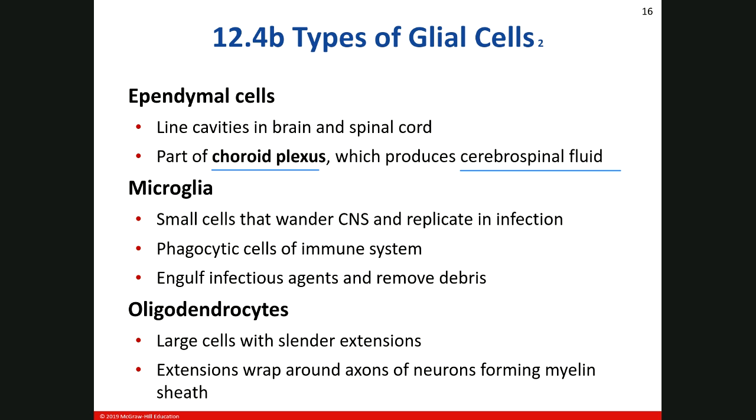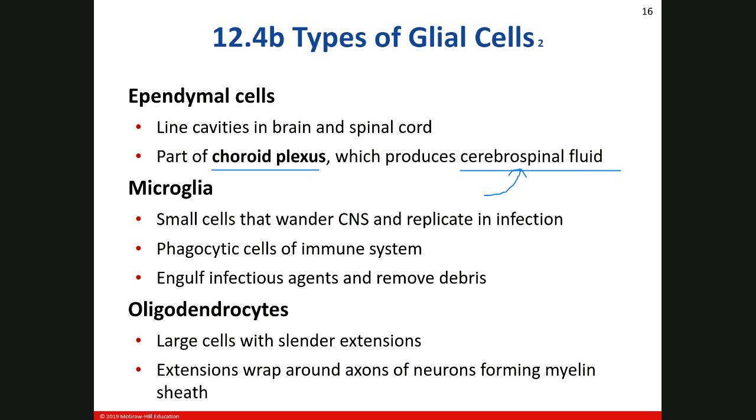So the ependymal cells pretty much act as a filtering mechanism, so we get our cerebral spinal fluid floating around. And if we have time, we'll talk about where it goes and how it travels around your skull and your spinal cord.